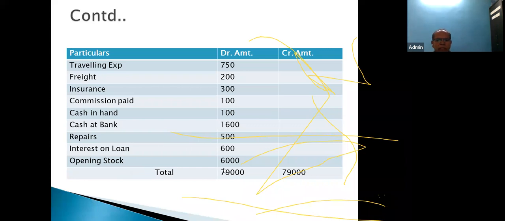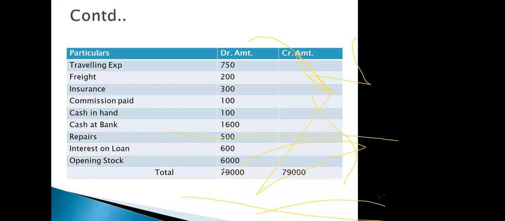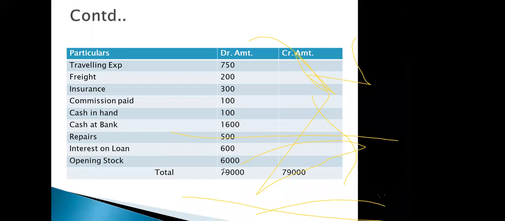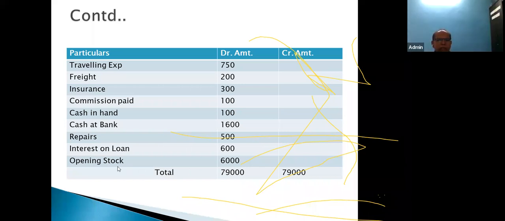Was the item opening stock there yesterday? No, sir. It was not there. Closing stock was there yesterday. So whenever opening stock is given in the trial balance, please remember it has to be placed in the trading account debit side.